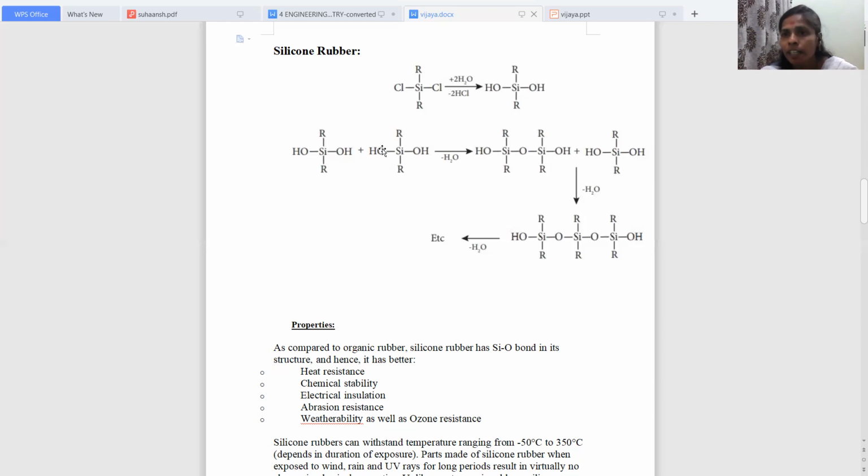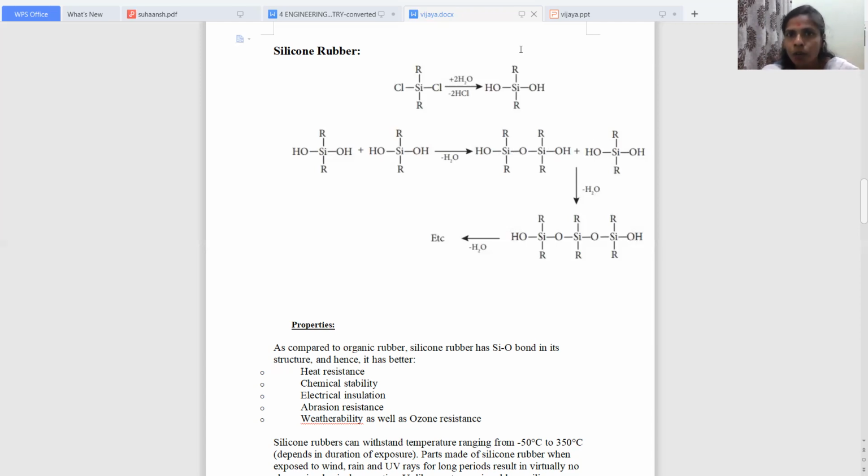You know what is meant by condensation. Yesterday I explained it in the Bakelite process. Condensation is the loss or removal of a water molecule. So when the water molecule is eliminated from between these two, we get the O between Si, Si-O-Si. Again, when it reacts with one more mole, one more water molecule is eliminated.